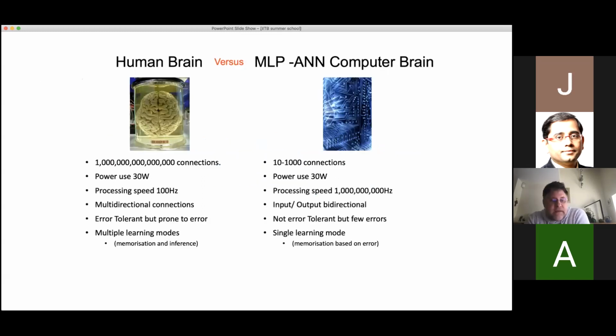So, yeah, the human brain is, some people could argue, a form of a computer. And what I'm doing here is comparing these to the computer brain, the artificial brain. And a good example of that is a multi-layer perceptron, which is a form of learning.